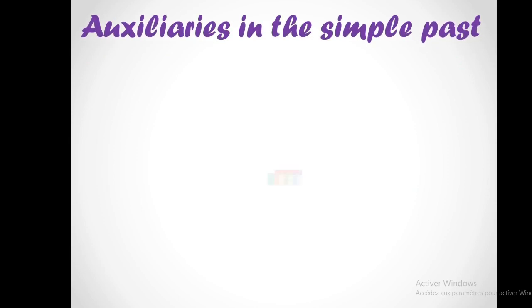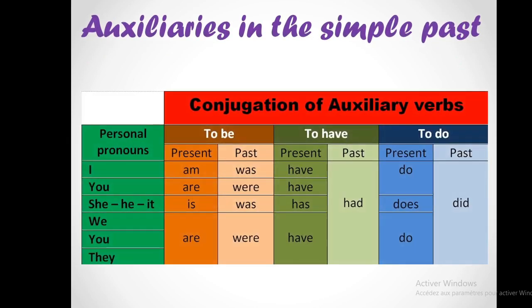So let's check auxiliaries in the past. To be in the present, as you remember: I am, you are, she, he, it is, we, you, they are. In the past: I was, you were, she, he, it was, you, we, they were. To have in the present: I have, you have, she, he, it has, we, you, they have.